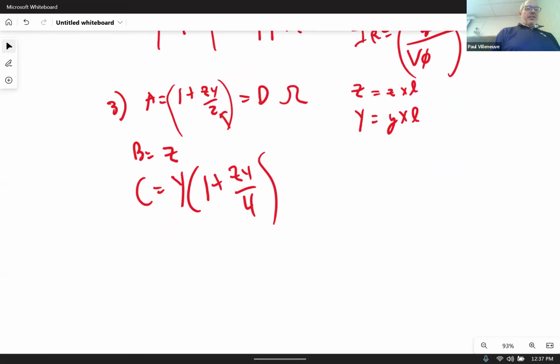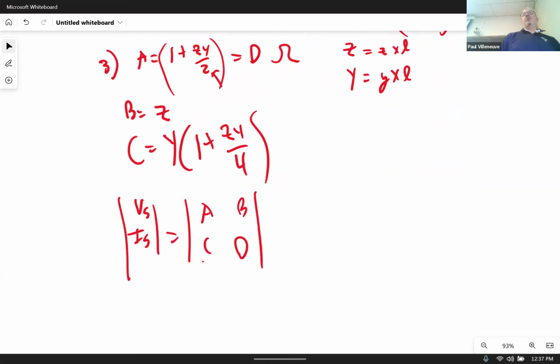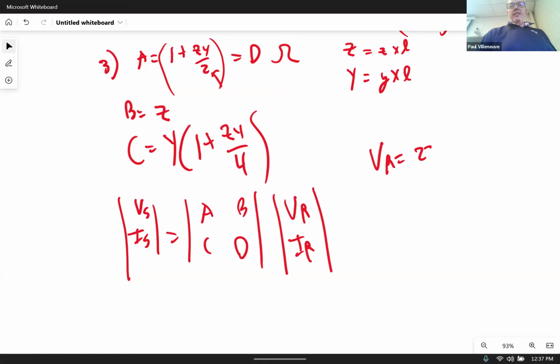So then the process is exactly the same as the previous problem. VS, IS equals A, B, C, D, which you've just solved for, times VR and IR. So over here, the line is operated at 220 kV. So VR, unless told otherwise, is a line voltage, so you had to convert that to a phase voltage before you could solve for it.